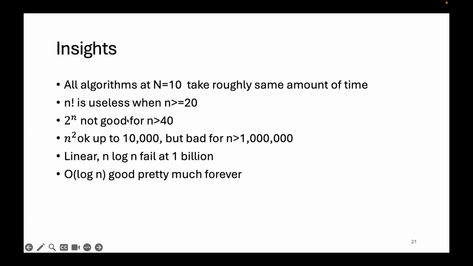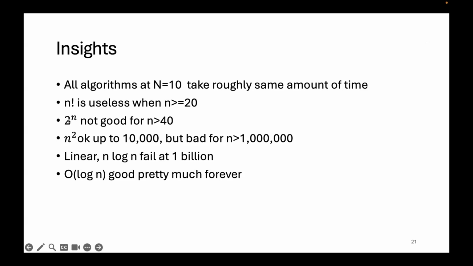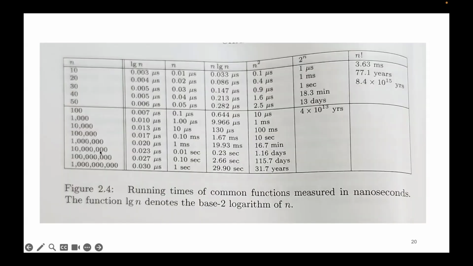2 to the n is not good for n equals 40, which we see here. So 18 minutes is decent. 13 days is probably not. N squared is okay up to, what is that, 10,000? I don't know.